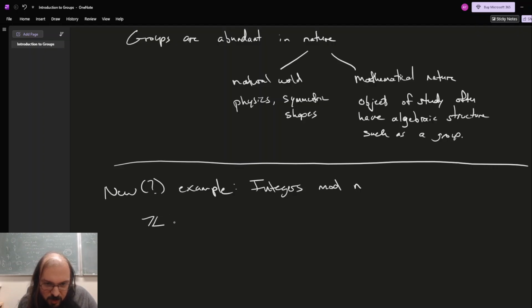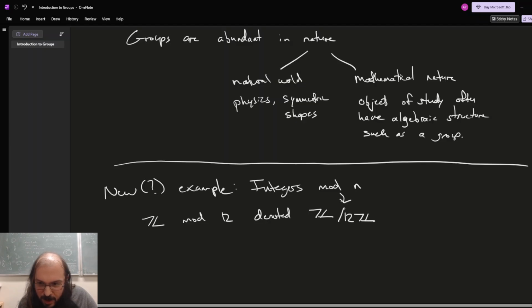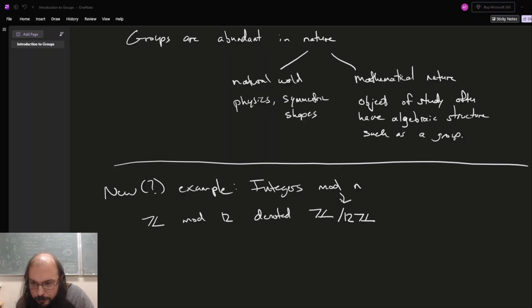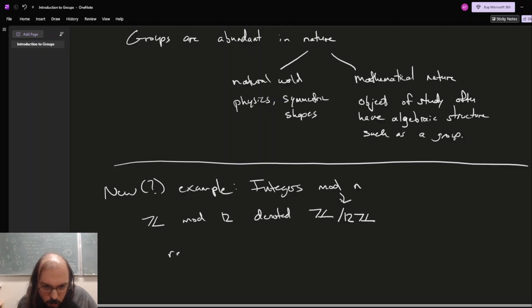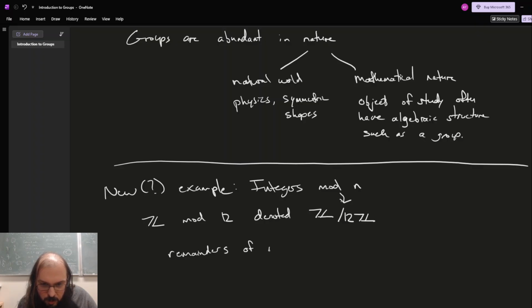So we can talk about Z, the integers, mod 12, which is often going to be denoted by Z mod 12Z. This little slash is read as mod. And what this refers to is the equivalence class, or more succinctly, the remainder of integers after division by 12.